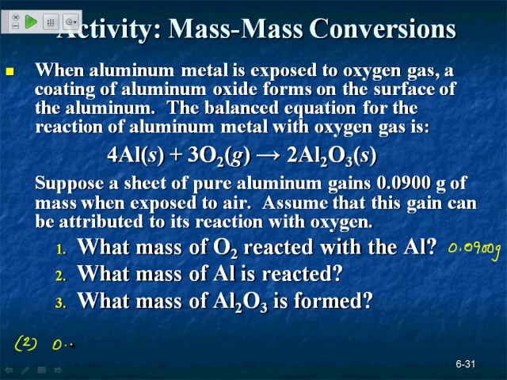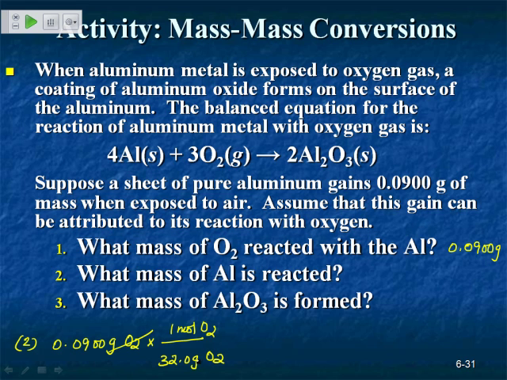So we are starting with 0.0900 grams of O2. What do I do with the grams of O2? Convert to moles. That is my first step. Conversion please: 1 mole of O2 per 32 grams of O2.